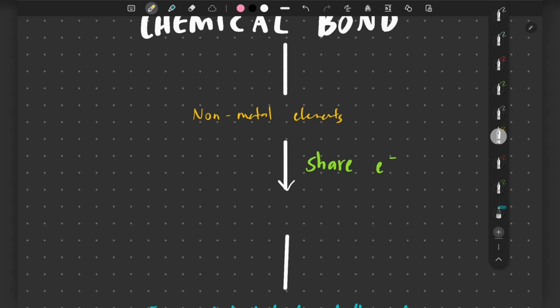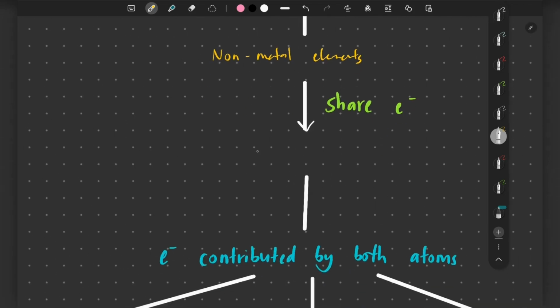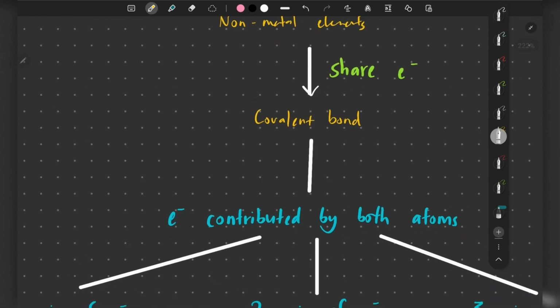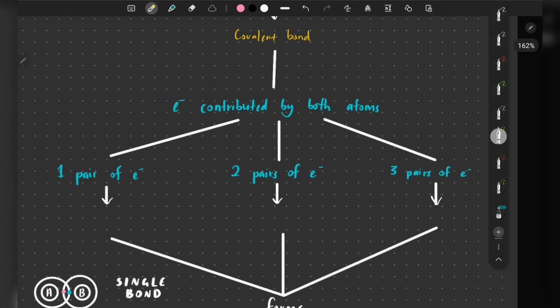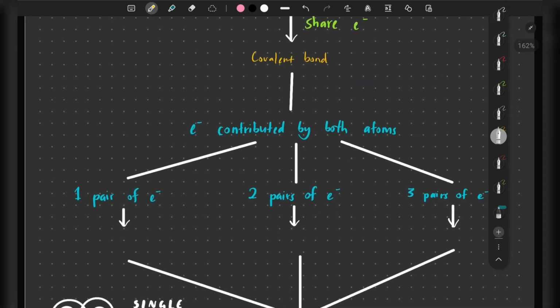So when non-metal elements share electrons, it will be called a covalent bond. Alright, so under covalent bond, there are three types of bonds. Covalent bond is defined as when the electrons are contributed by both atoms.